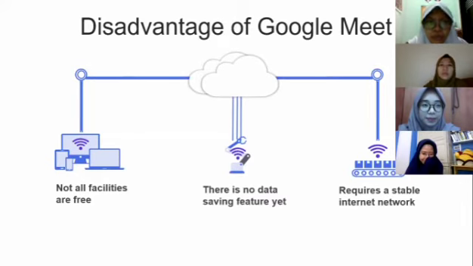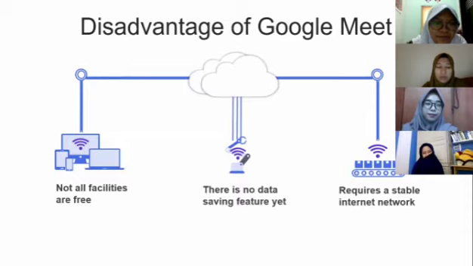And the second one is there is no data saving feature yet. As we know, when we use video conference calls, our data usage will be large and wasteful, right? So I think we must suggest to Google, and hopefully Google will provide a data saving feature soon.